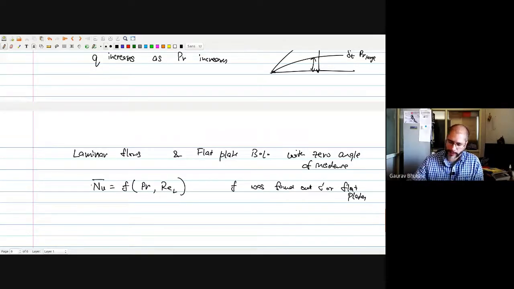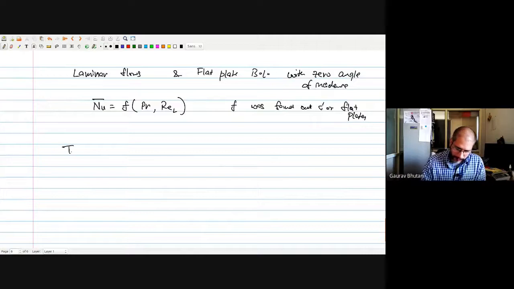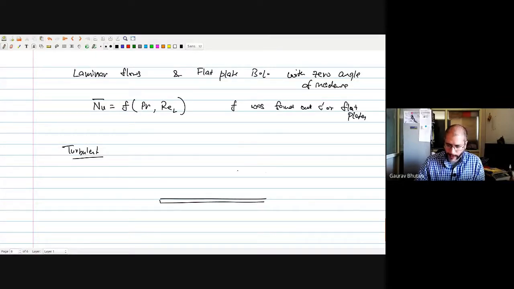If you remember, for the flat plate, in the turbulent region you got a profile which was very flat, and then towards the very end it was extremely steep. This region was called the viscous sublayer. We'll talk about this more in the coming lectures.